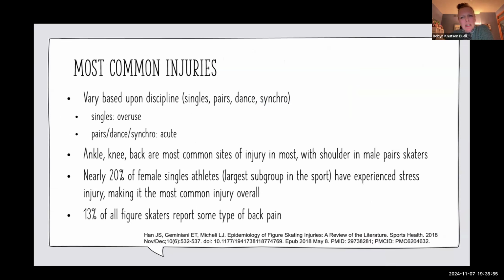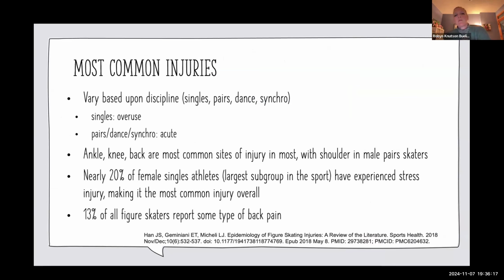There's not a ton of great data on figure skating injuries. There's some, there's not a ton. Actually, Ellen Gemiani from Boston has done a decent amount of the data collection on this. Most of the injuries fall into 2 buckets, either the singles athletes or the not singles athletes.